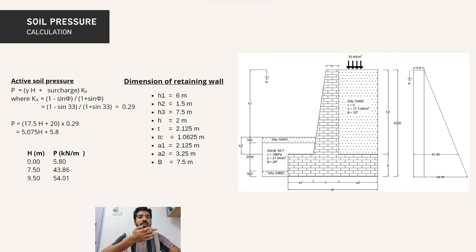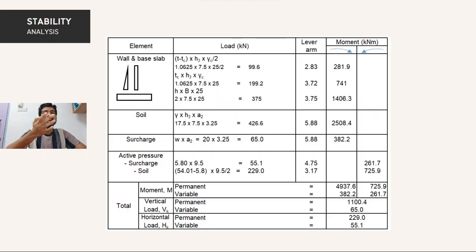After determining the coefficient of active pressure using the following formula, the highest value for active pressure is found to be 54.01 kilonewton per meter square, and it acts at the depth of 9.5 meter from the top. After this, we calculated the dead load of each section of the retaining wall and determined the perpendicular distance from the centroid to the overturning point in order to estimate the moment.